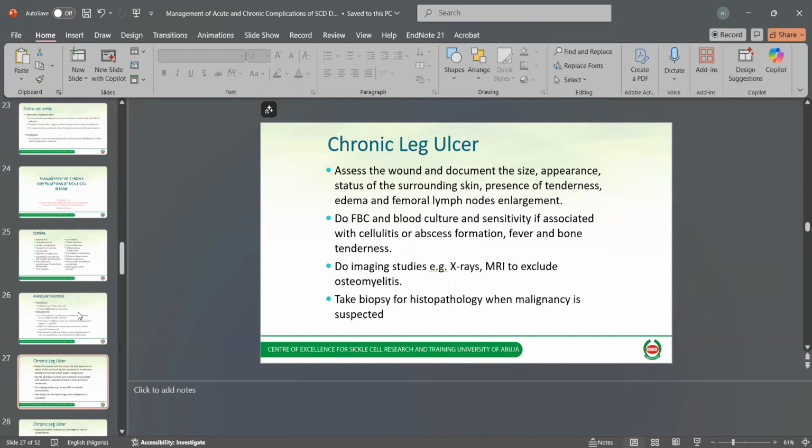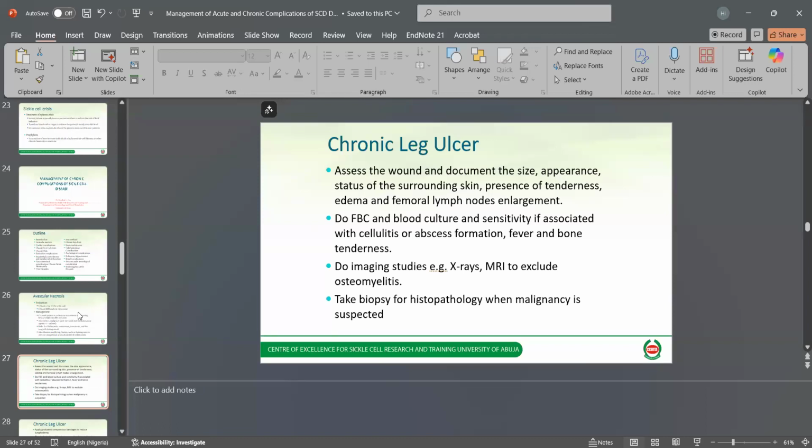Chronic leg ulcer is also another common chronic complication of sickle cell disease. We manage this first by assessing the wound and documenting the size, appearance, status of the surrounding skin, presence of tenderness, whether there is edema, and we also look for lymph node involvement depending on the area.